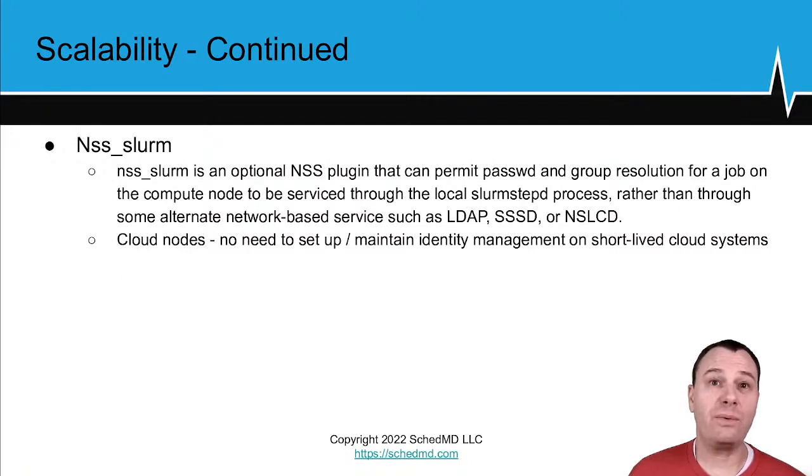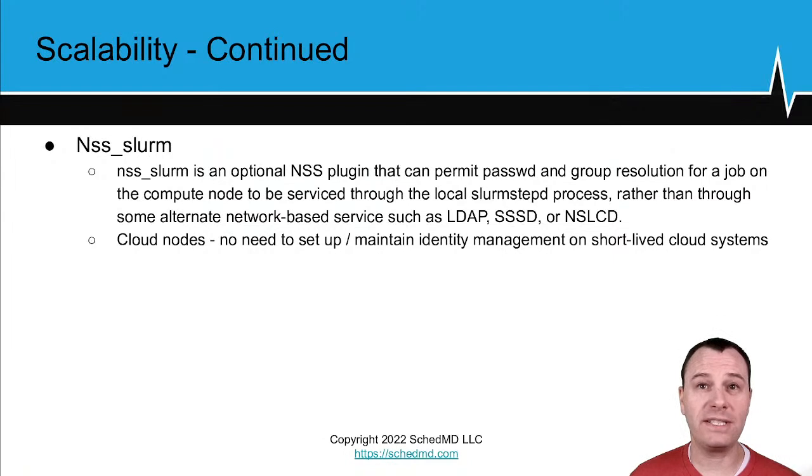Another pain point that we see every so often relates to how often the identity management system is accessed. Hundreds of thousands of queries can cause latency issues and cause jobs to time out with sites that have very active or high throughput workloads. For this unique case, Slurm provides NSS Slurm.